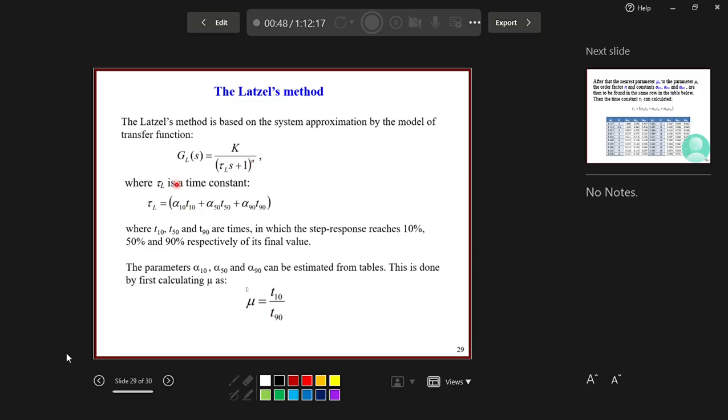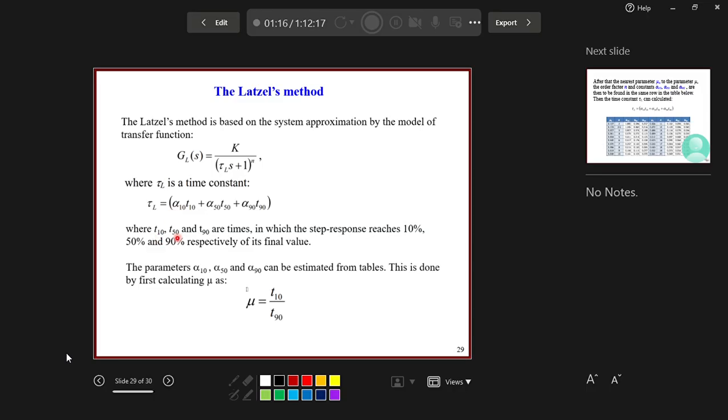Now k here is calculated the same way we did with the first order and the second order. It's delta y over delta u. And the only thing is to calculate the tau L and the n. Now the tau L is calculated as alpha 10 T10 plus alpha 50 T50 plus alpha 90 T90. Now how can we get the values of these alphas and t's?